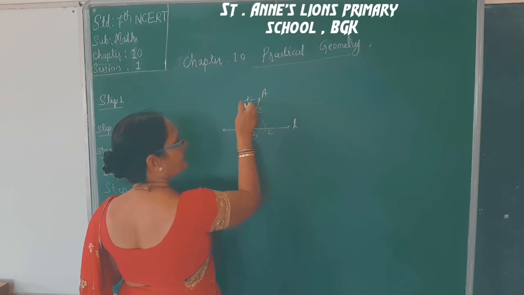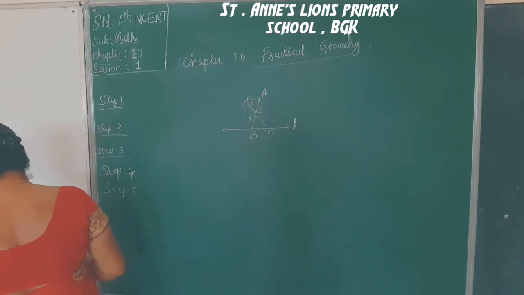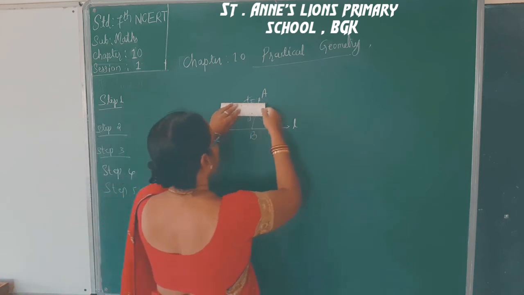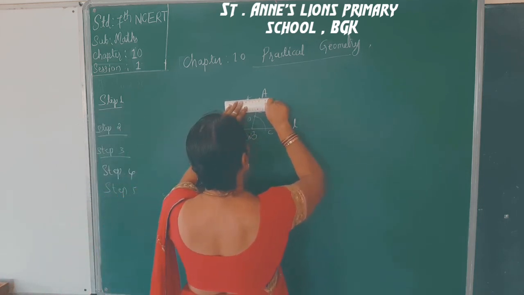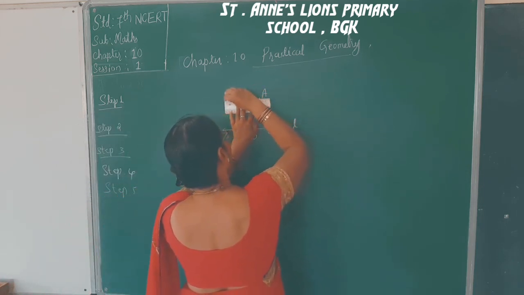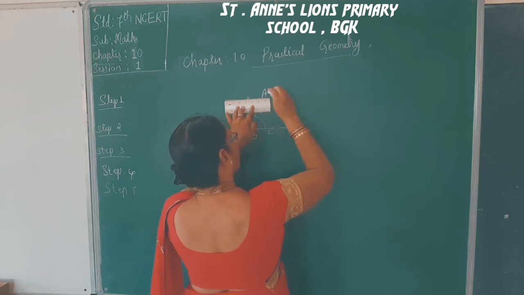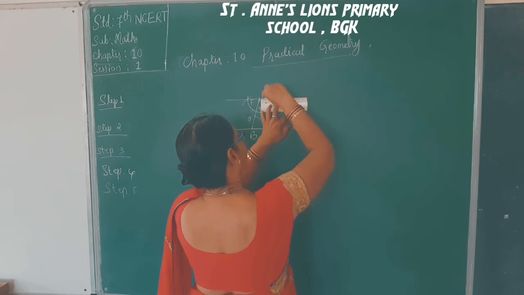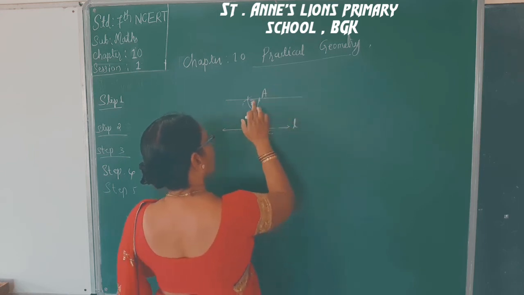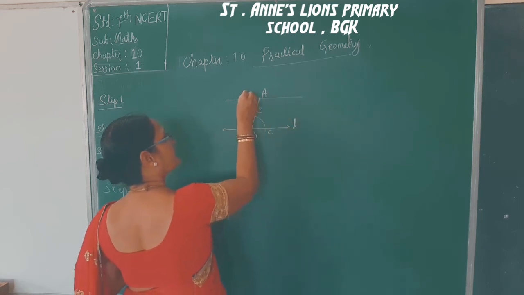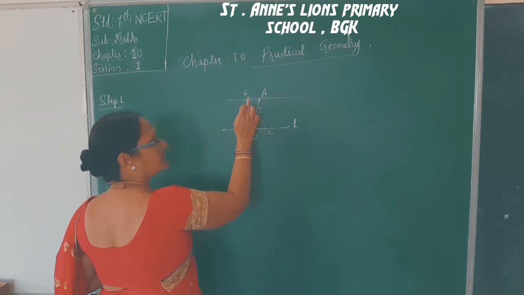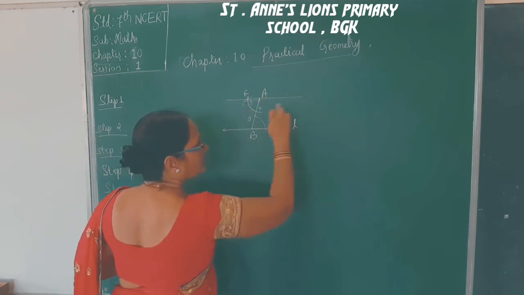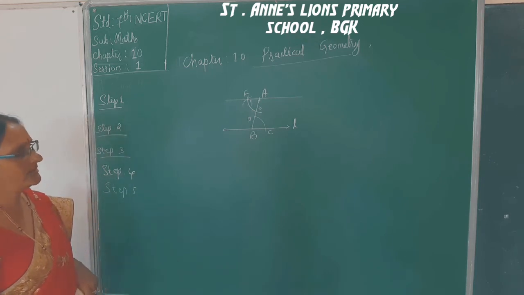Join this AF. Through the point A we have to draw the parallel. So this is what, see. Extend that line F and A. See, now this point will write like this. Now this point and this point you have to join and extend. Now what is it?